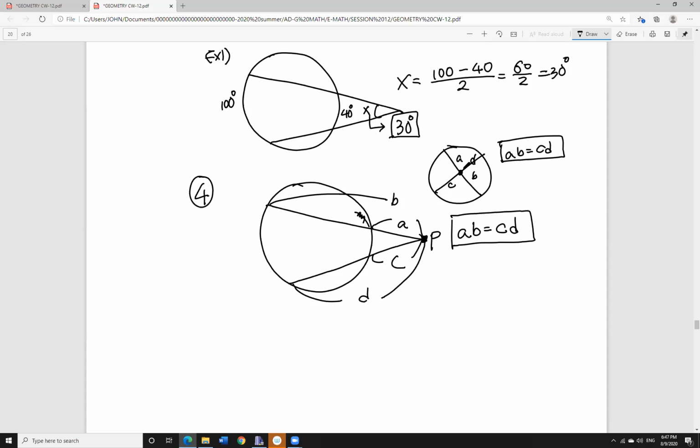You have to measure from the intersecting point, that's why A times B equals C times D. A times all the way down to the other point, C times all the way down to the other point. That is AB equals CD. Okay?